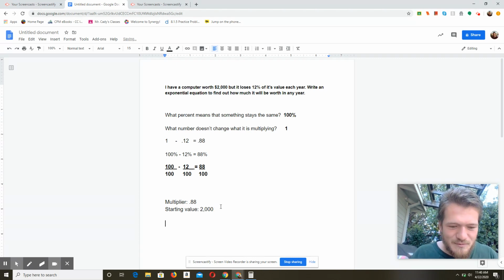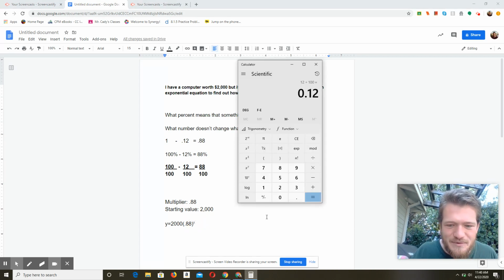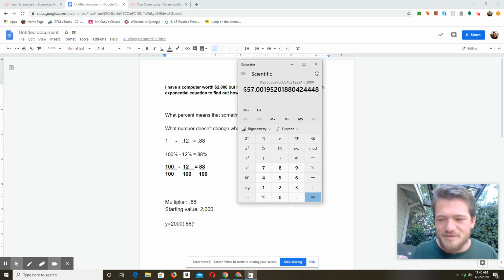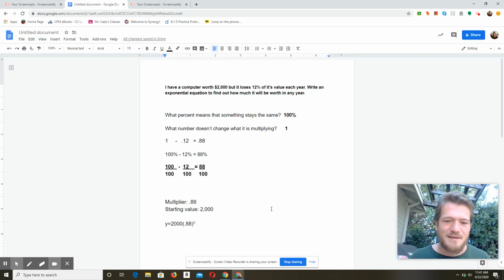So our equation here is y is equal to a times b to the x, and we know that our starting value is 2,000, and our multiplier is 0.88. And x can be any year. So say, for example, after 10 years, 0.88 to the 10th power times 2,000. That means after 10 years, my computer will be worth $557 if it keeps going down by 12% per year.